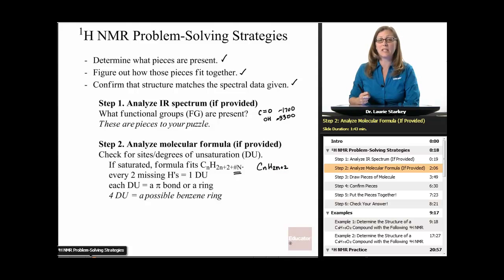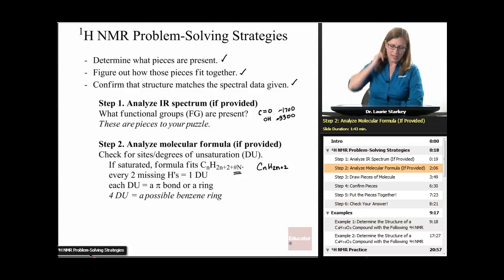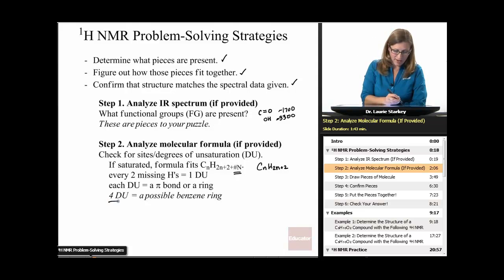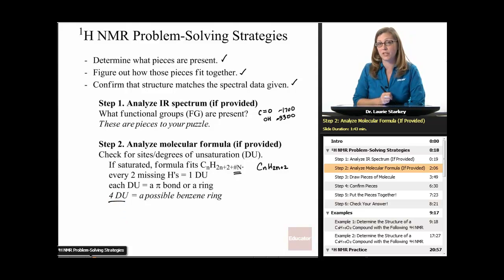Every two missing hydrogens gives us a clue to our structure, because it tells us we have a degree of unsaturation. That means we must have a double bond, or we must have a ring to account for those missing two hydrogens. If we happen to have 4 or more degrees of unsaturation, then it might be possible the structure has a benzene ring.